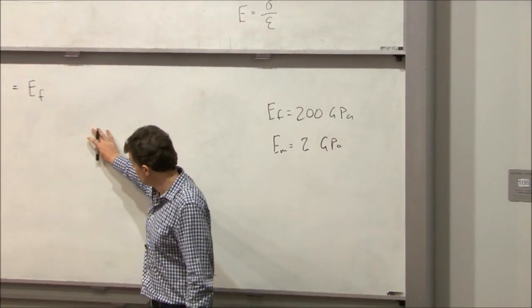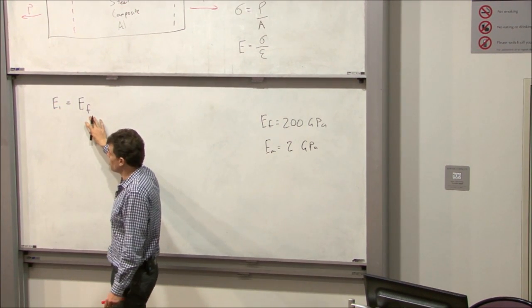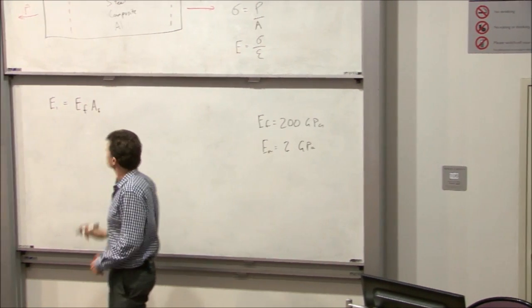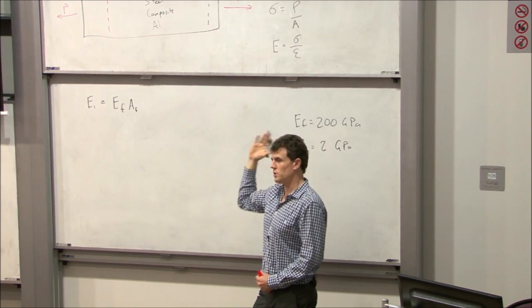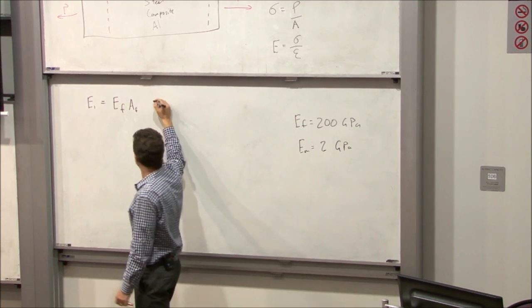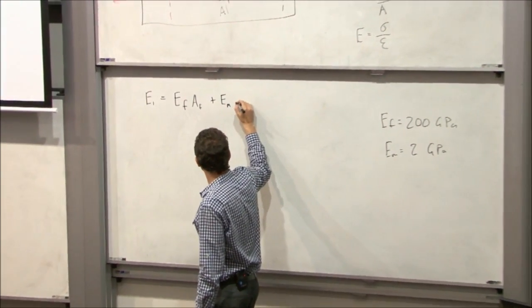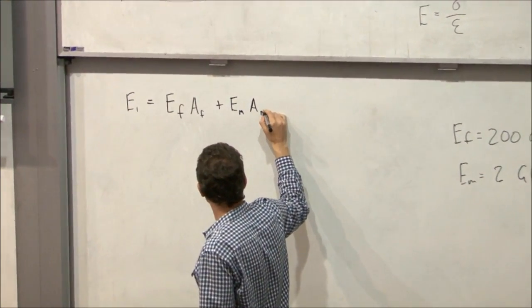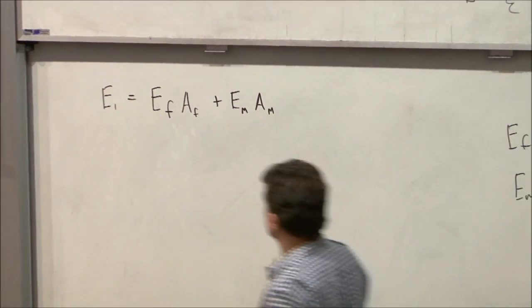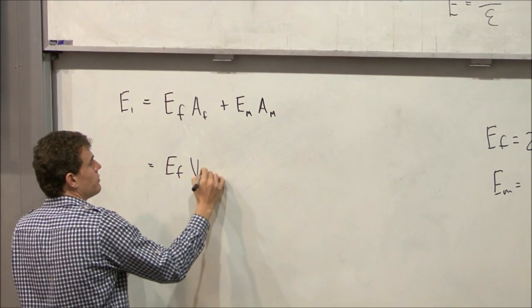So we had E1 equals the modulus of the fibre times the area fraction of the fibre. So that, remember I said that if we cut a plane through our material, it's the area of material that really matters, plus the modulus of the matrix times the area fraction of the matrix. Now, because these are continuous, we can switch area fraction for volume fraction.